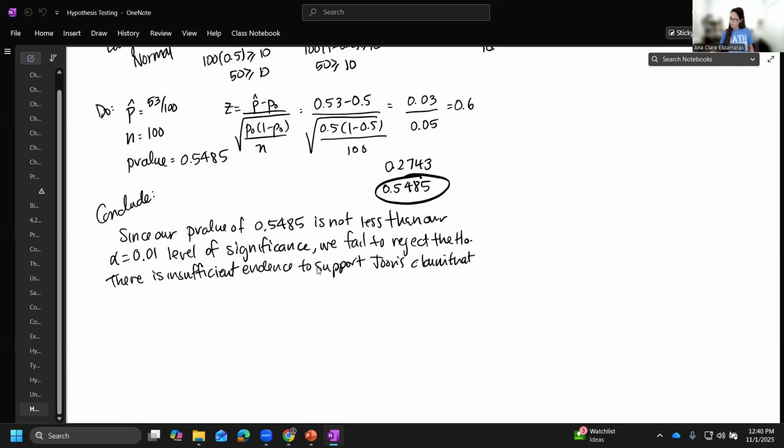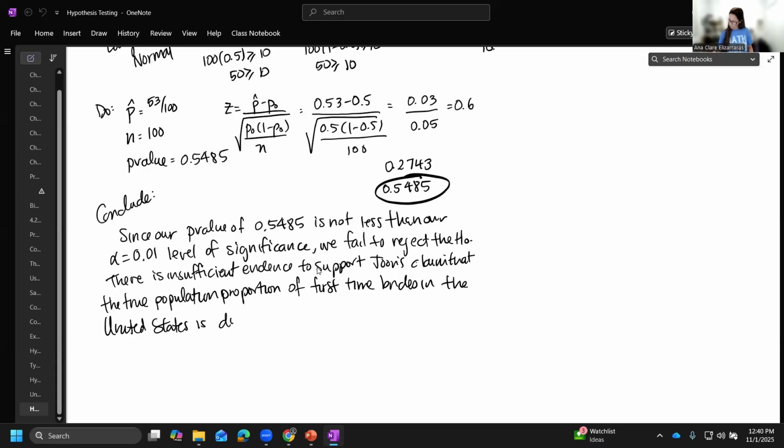So first-time brides in the US are younger than their groom. That the true population proportion of first-time brides in the US is different than 50%.